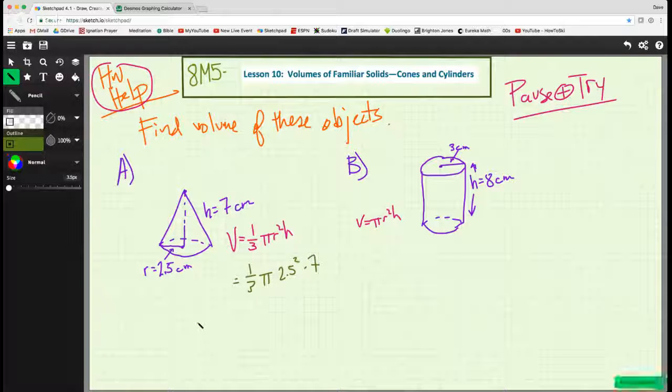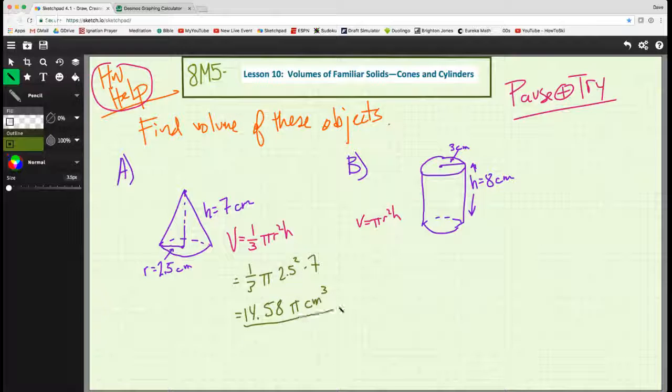So I'm just going to multiply these out: 2.5 squared times 7, divided by 3, equals a kind of crazy number, but it's 14.58 pi centimeters cubed.